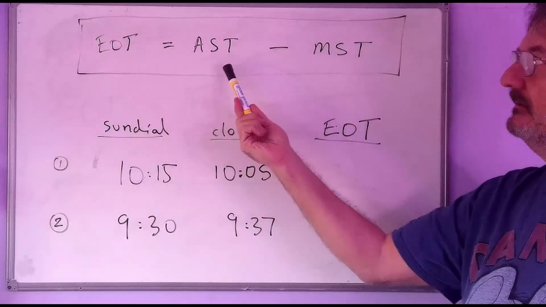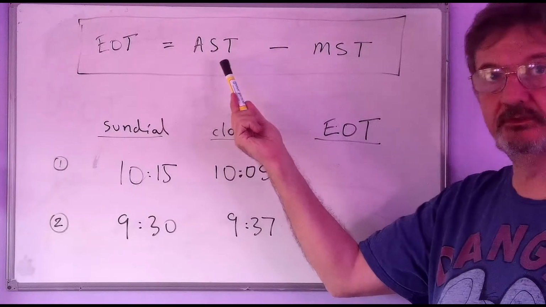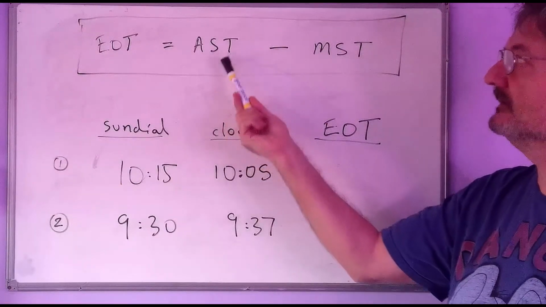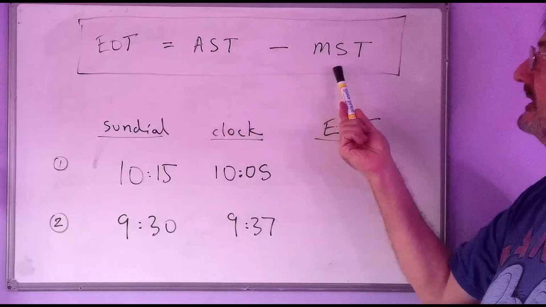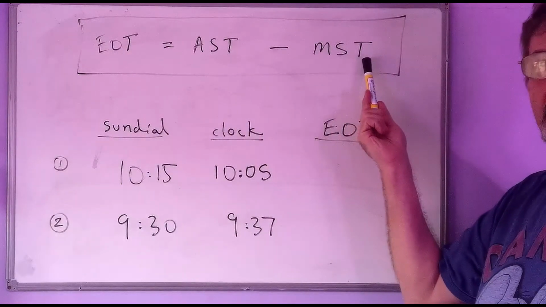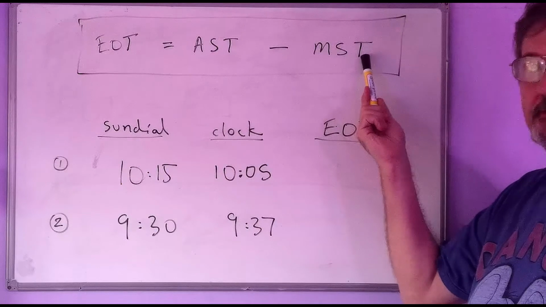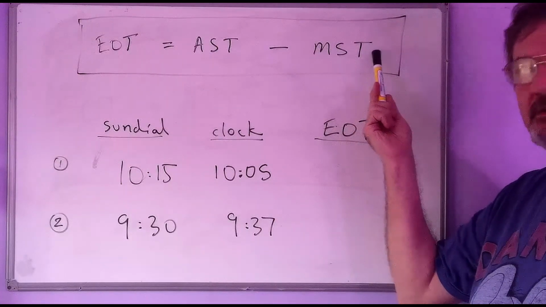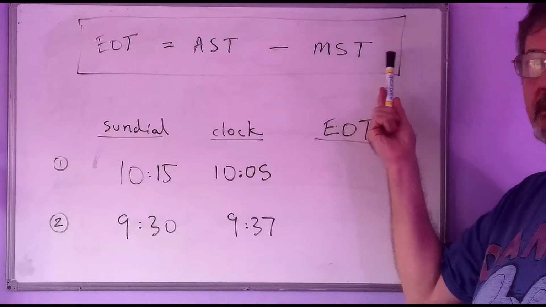The apparent solar time is what the time appears to be according to your sundial, the apparent solar time, minus the mean solar time, which, if you live in Greenwich, the mean solar time is Greenwich Mean Time, and that's the average solar time.